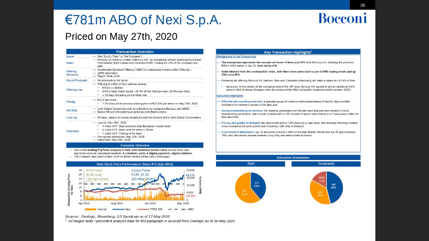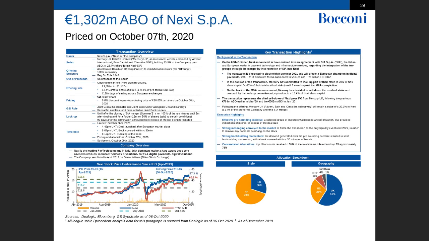In the second, in May, again the same banks, but this time around there was also Hong Kong Shanghai Bank for the same reason, very good research on the payment business. And for the third, the same structure.